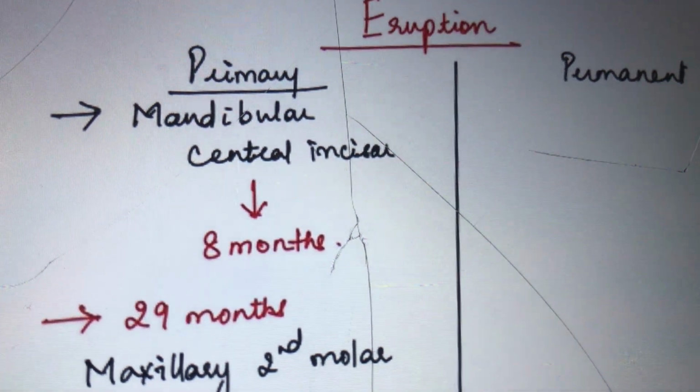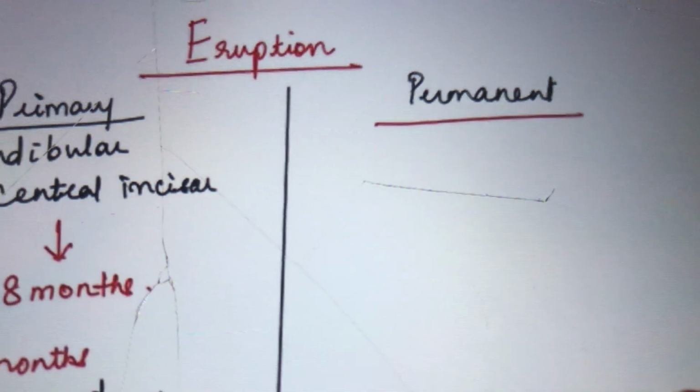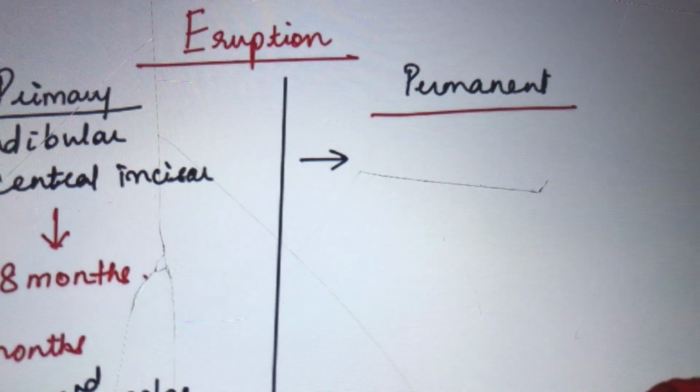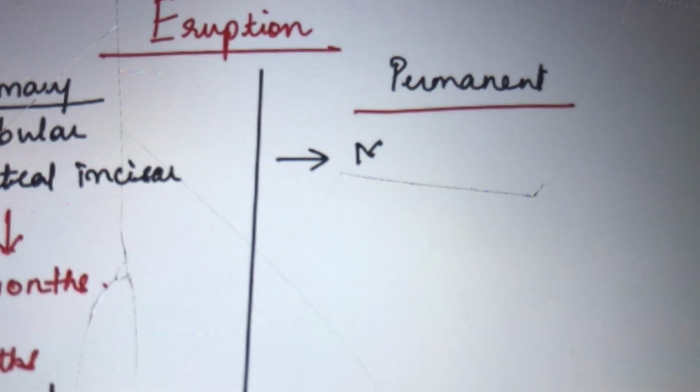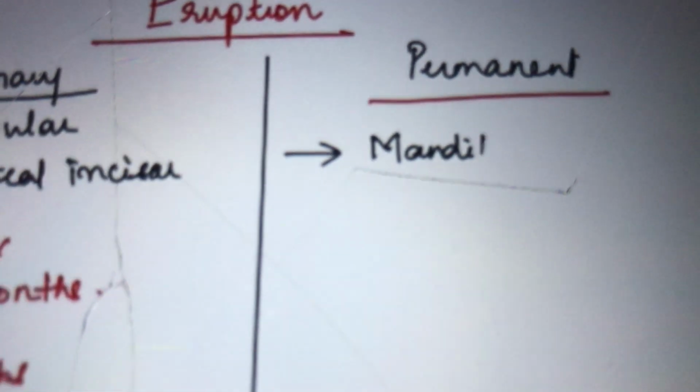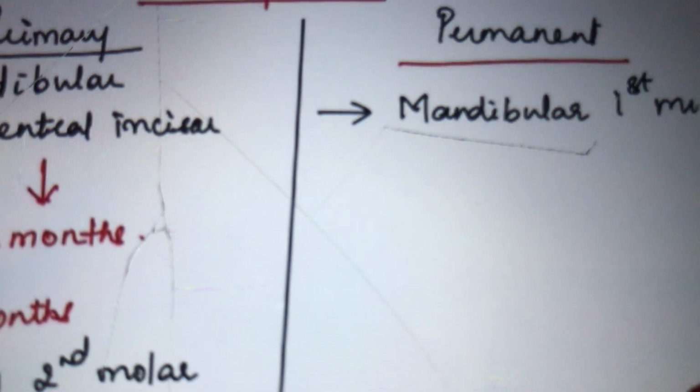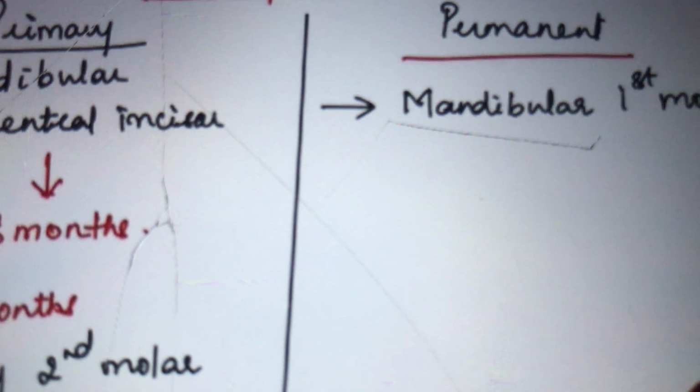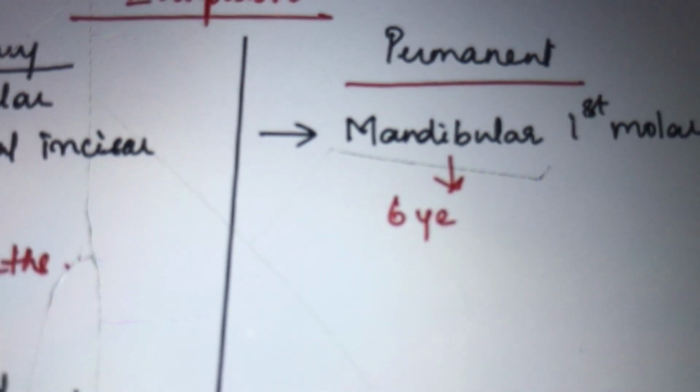So when you come to the permanent dentition, the first tooth to erupt into the oral cavity is your mandibular first molar, and this happens at the age of 6 years.